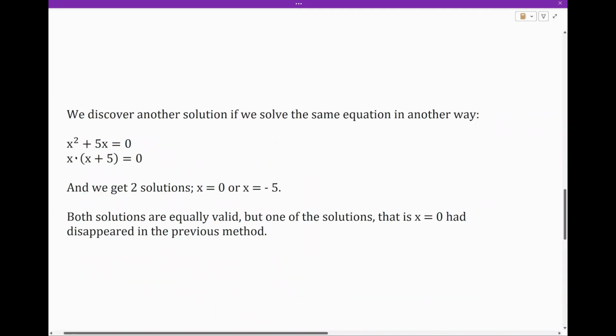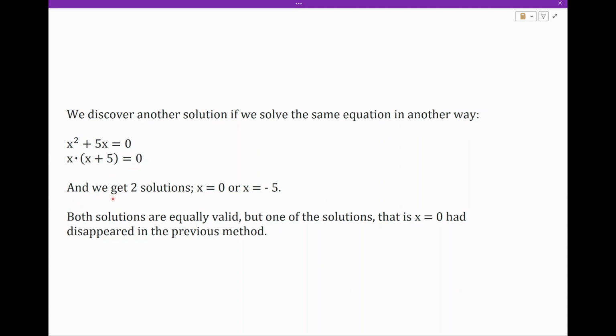We discover another solution if we solve the same equation in another way. That is, x squared plus 5x is equal to 0. If you take x common between the two terms, we get x multiplied by x plus 5 is equal to 0.